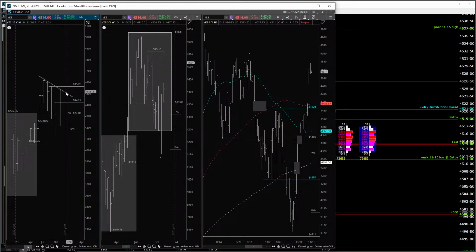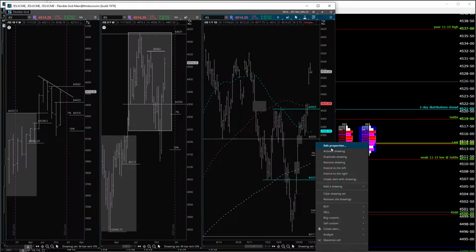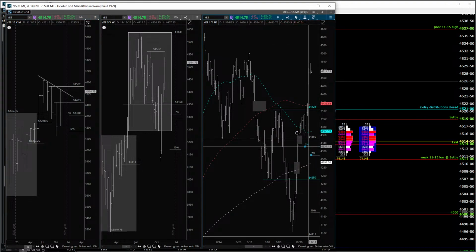In the weekly, we have the next level to monitor for upside continuation: 4562 in the monthly, which happens to be also in the weekly. And what is this level here? 62 as well. Can you see? Duplicate. Let's move this up here.